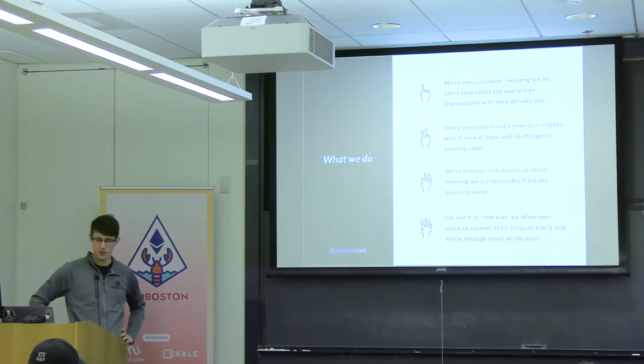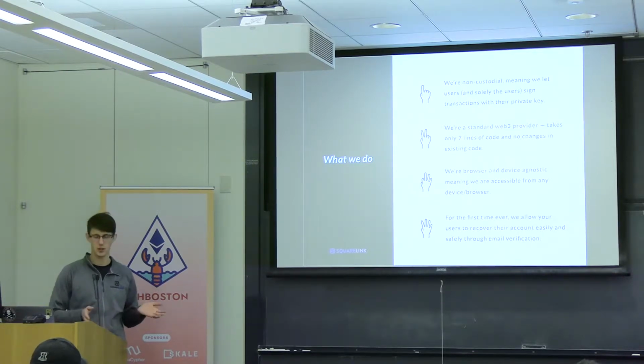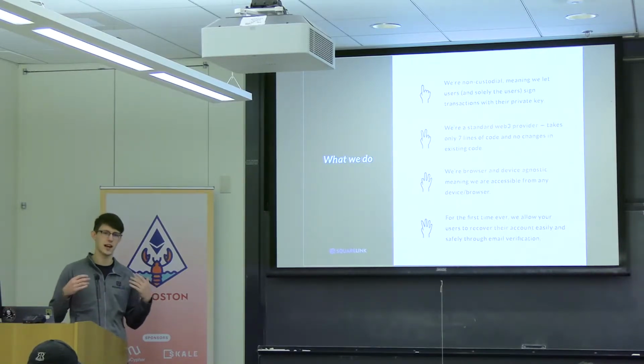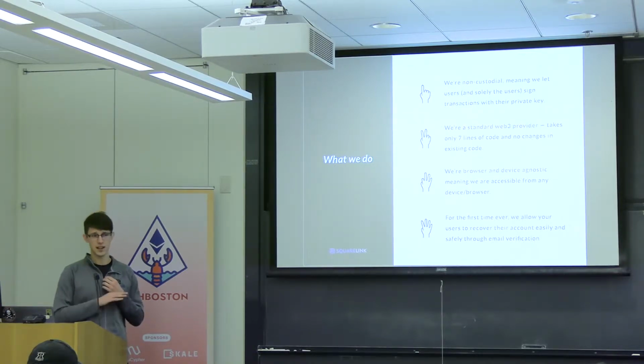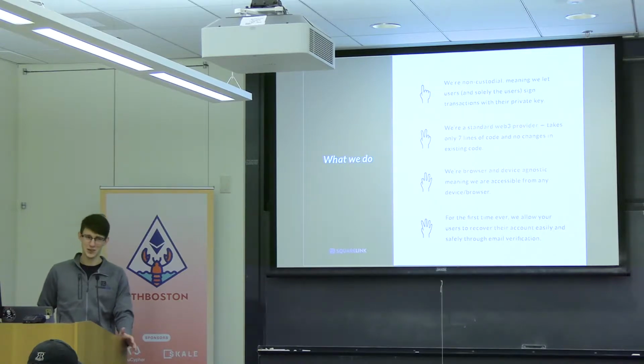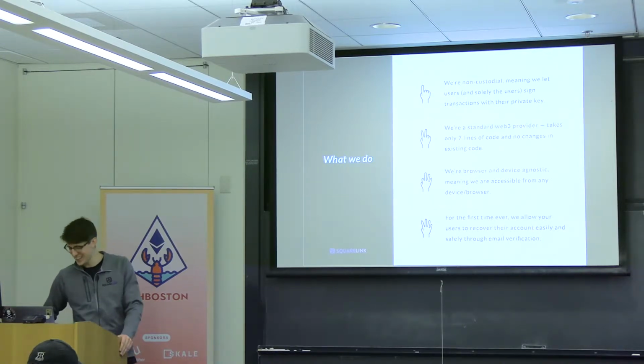So what we're basically doing is allowing people to interact with dApps with a totally Web 2 user experience and completely non-custodial security. Users can sign up, sign in, sign transactions, even recover their account, all with just an email and password, and it still keeps everything completely non-custodial. It's awesome. I'll give a demo at the end.